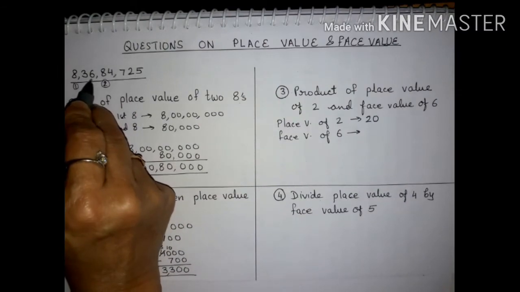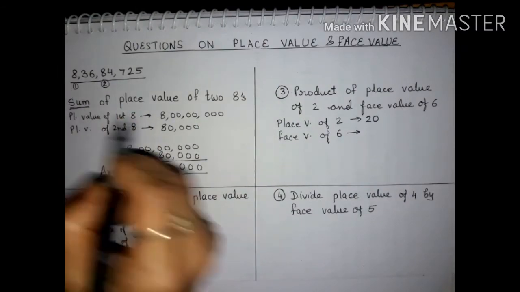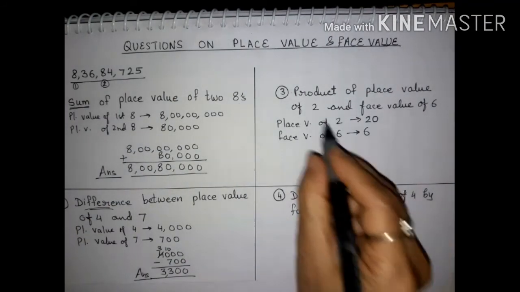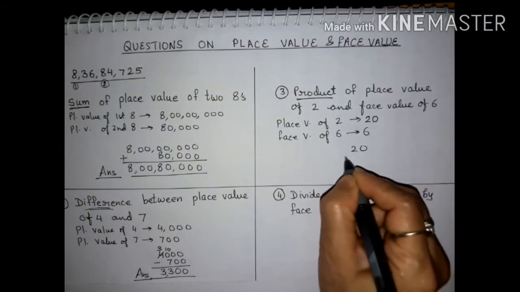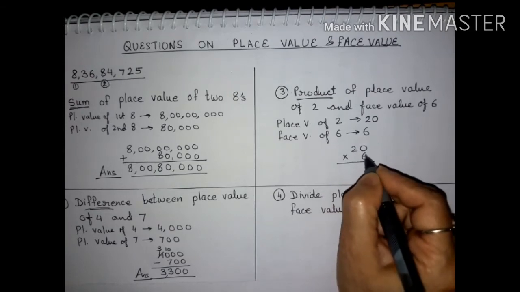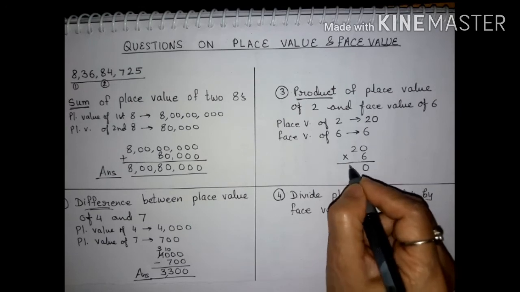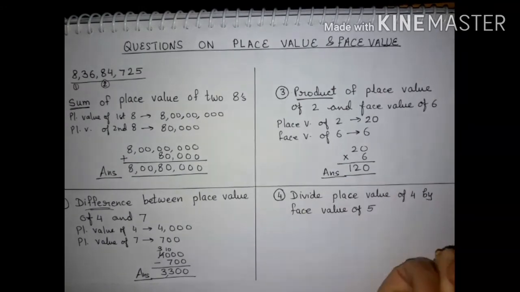So face value of 6 does not matter where it is lying in its place, but face value will be only 6. And then we find the product. So what we do? 20 multiplied by 6. Okay, and you get 6 zeros are 0, 6 twos are 12. This is your answer. Okay, coming to the fourth one.